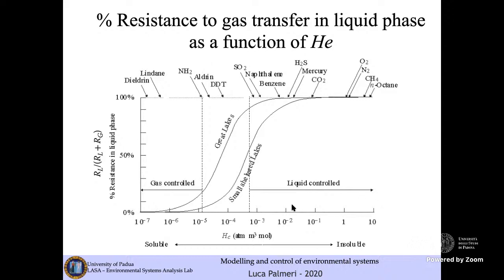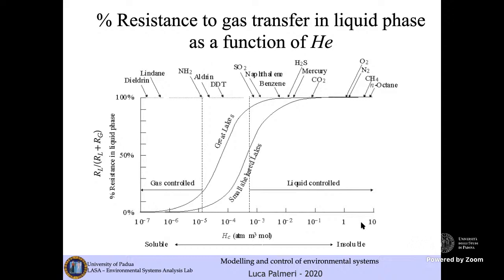This means that the important part of the resistance is found in the liquid phase, while for small values of the Henry constant compounds, the control is exerted in the gaseous phase. So we talk about this in terms of gas control or liquid control flows.